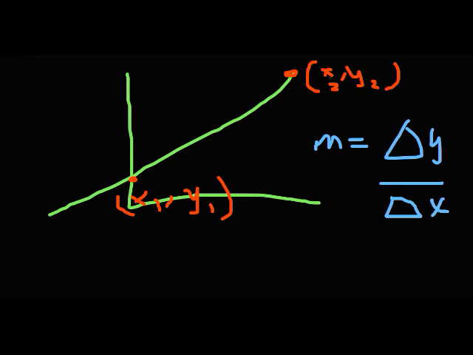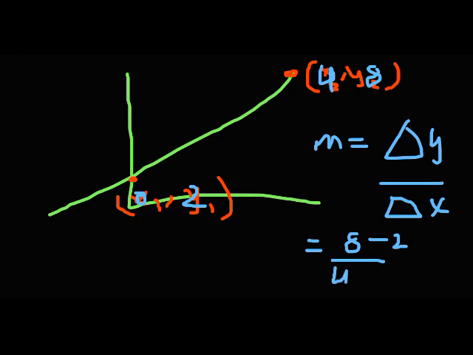So let's say the value here is 4, 8. The value here is 0, 2. So the y values were 8 and 2. So top value minus lower value of y is 8 minus 2 over the x value was 4 and lower one is 0.